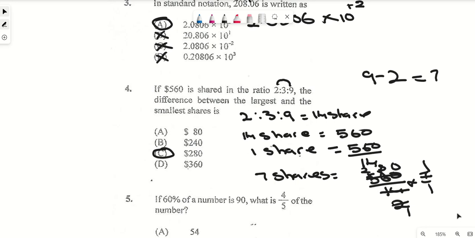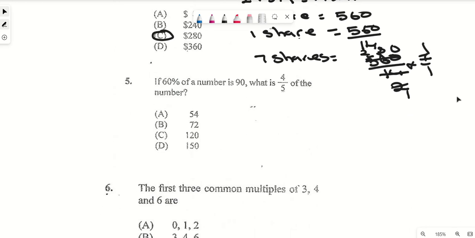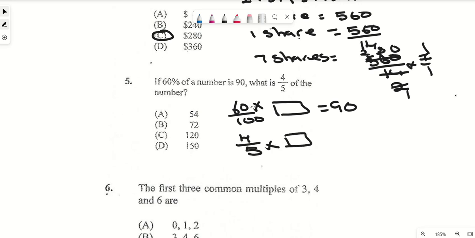Right? Next one, if 60% of a number is 90, 60%, 60 over 100 multiplied by some number equals 90. What is 4/5 of that number? We want 4/5 multiplied by the same box. So first off, we find the number whose 60% is 90. To make that box the subject, we have to carry across the multiply by 60, which becomes divided by 60.